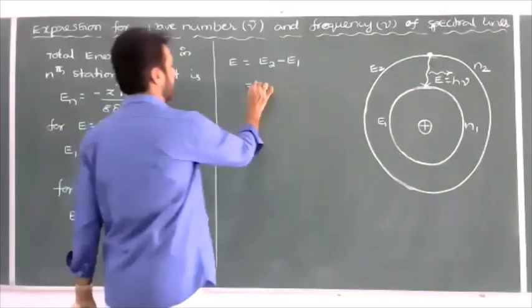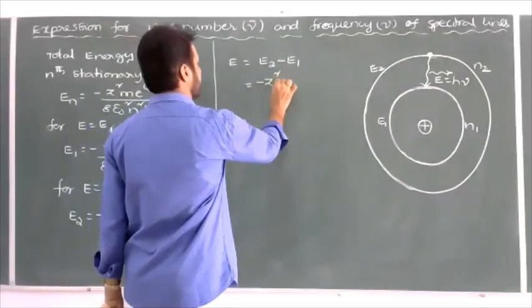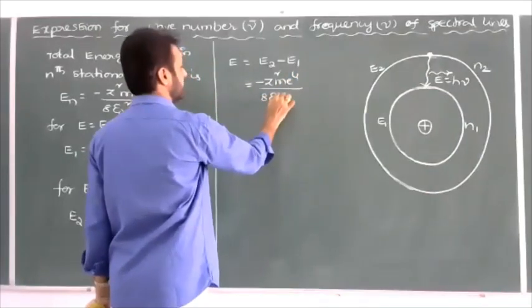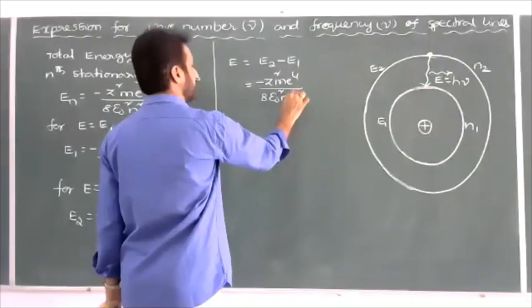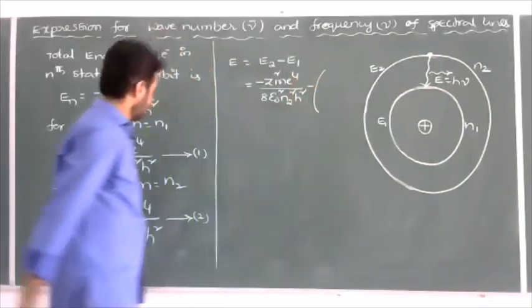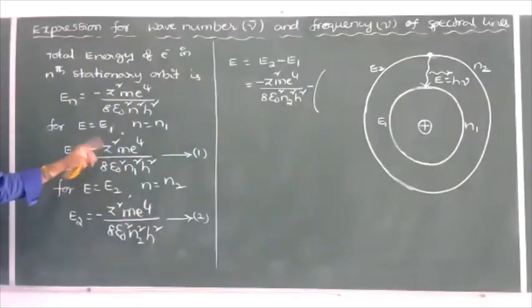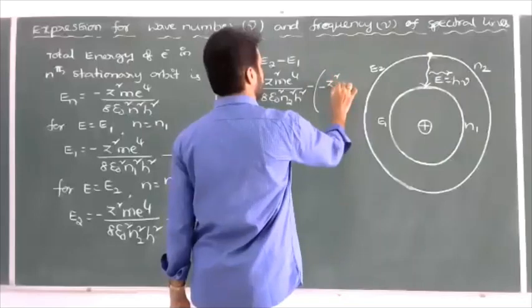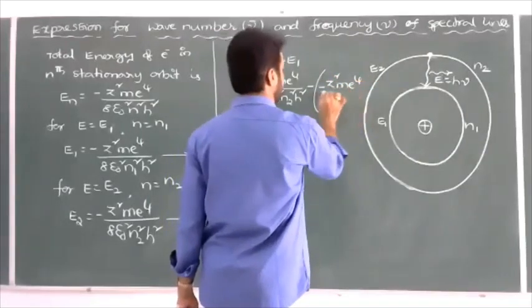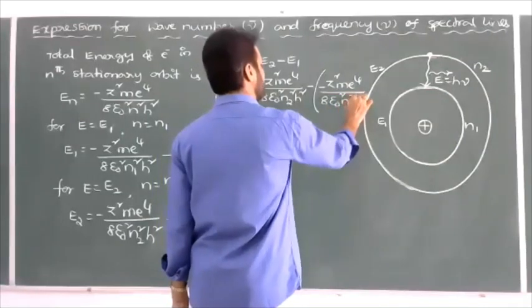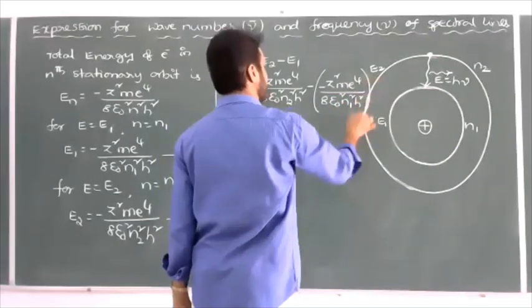E2 is equal to minus Z square into m e power 4 by 8 epsilon naught square into n2 square into h square, minus of the first equation, minus Z square into m e power 4 by 8 epsilon naught square into n1 square into h square.